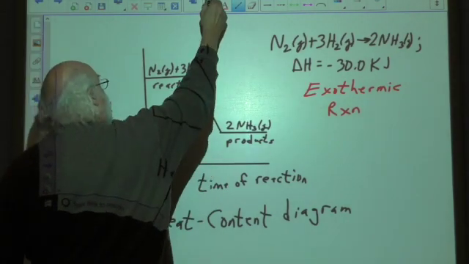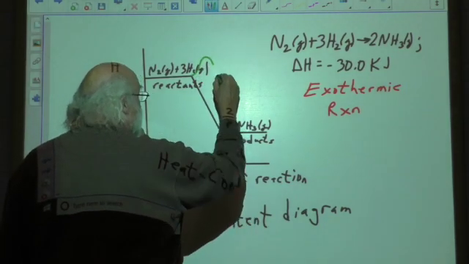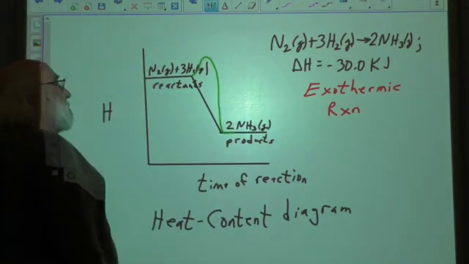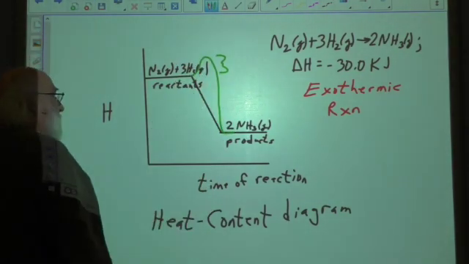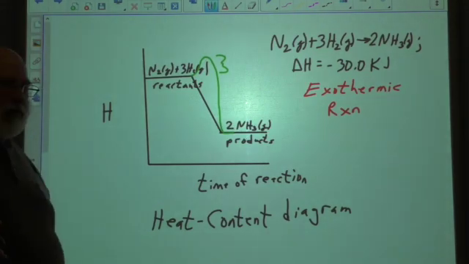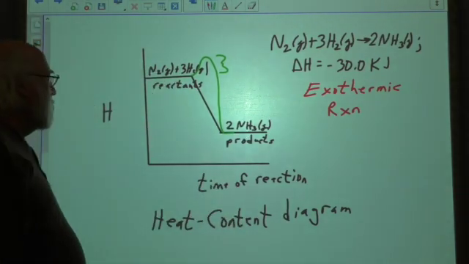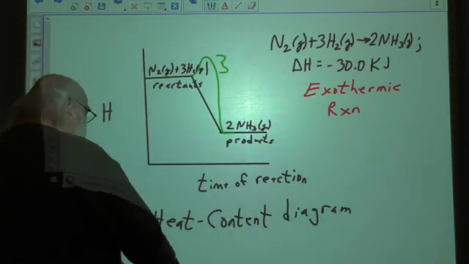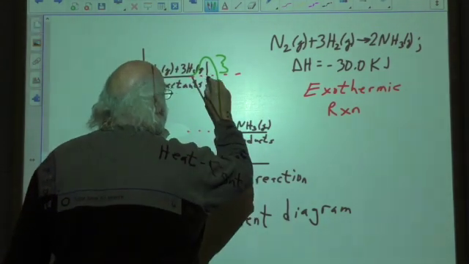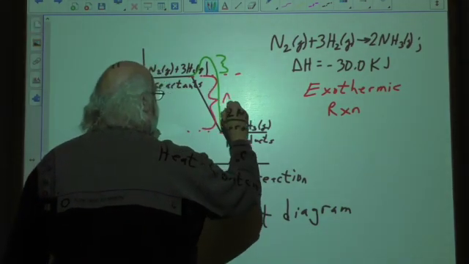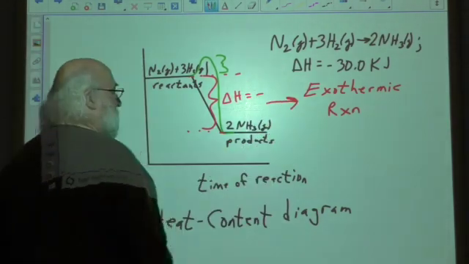As you get into the nuances later on in chemistry, we find that it typically does more of something like this. And this has a specific meaning, the difference between the top of the bump and the level, but we're not going to get into that. That's called activation energy. We'll get to that in Chem 2 for those of you who decide to get into that. But that change from this level to this level represents your change in heat, your delta H, and because it's negative, that means it's an exothermic reaction.